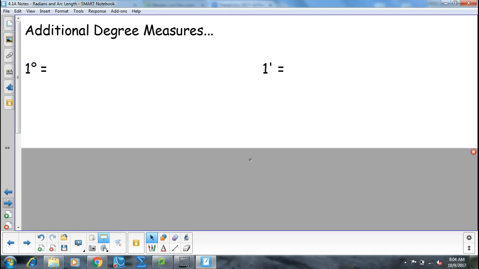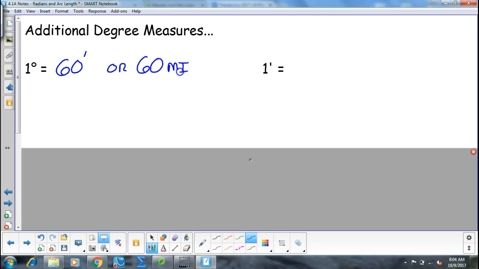So 1 degree is also 60 minutes. Okay? Not just the TV show. Okay? 60 minutes, but each minute is also 60 seconds.